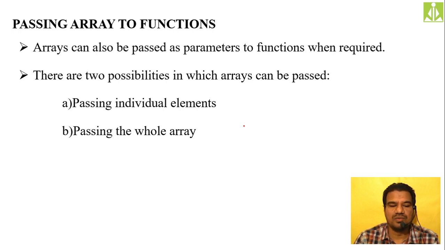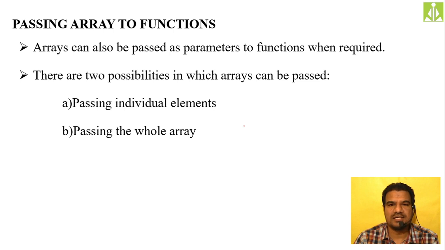As we know, arrays are nothing but collections. They are collections of elements. In an array, we are going to have more than one data element, that we already know. In your second unit itself, we discussed arrays, one-dimensional arrays, two-dimensional arrays. We got a clear picture of what these arrays are.